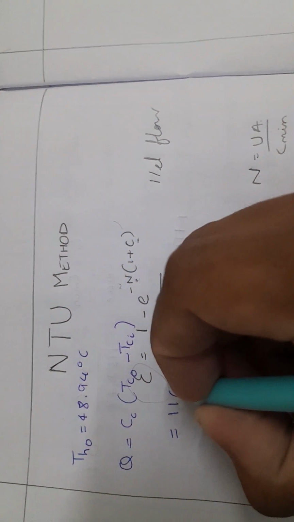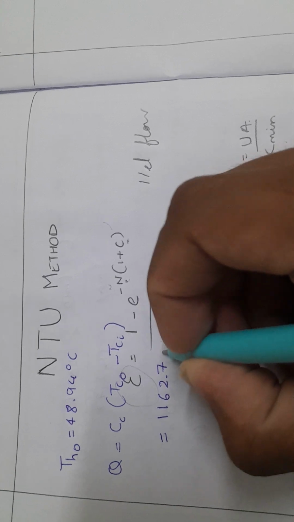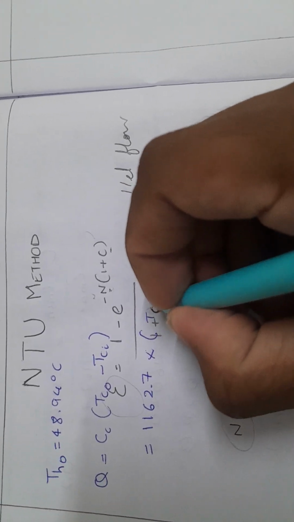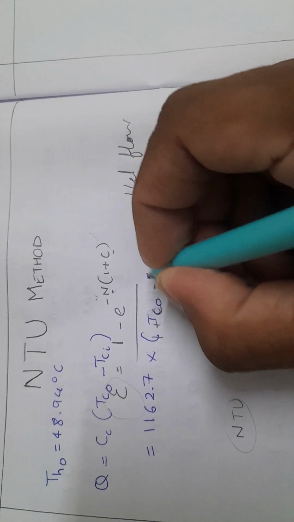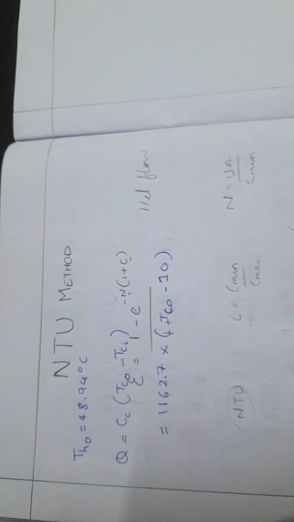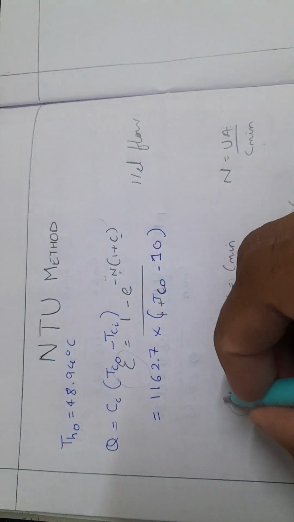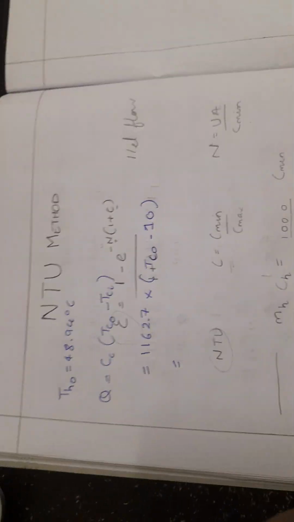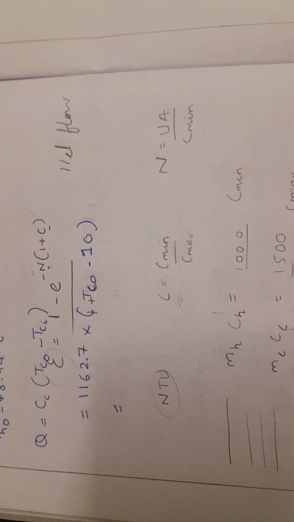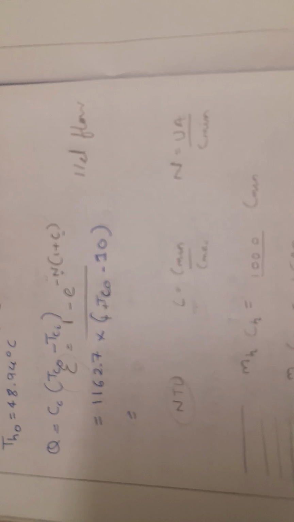It would be 1162.7 times TCO minus TCI, where TCI was 10 in the question. So plugging in these values, Q was also 16.53 kilowatts, right?